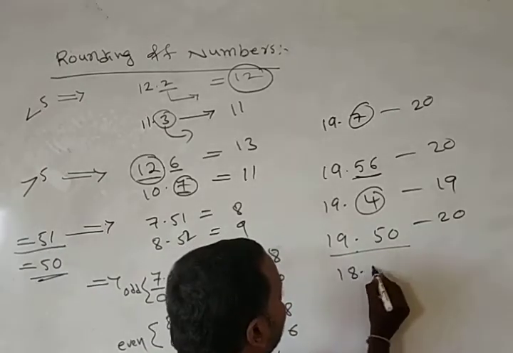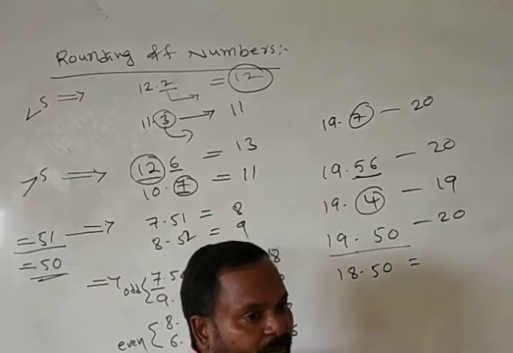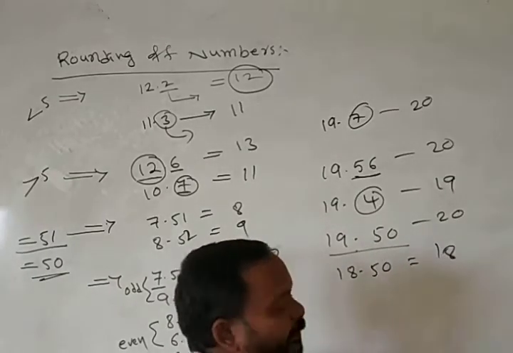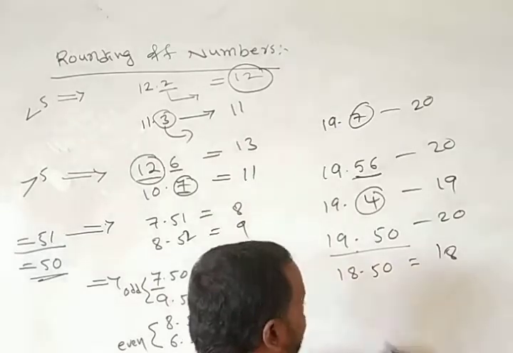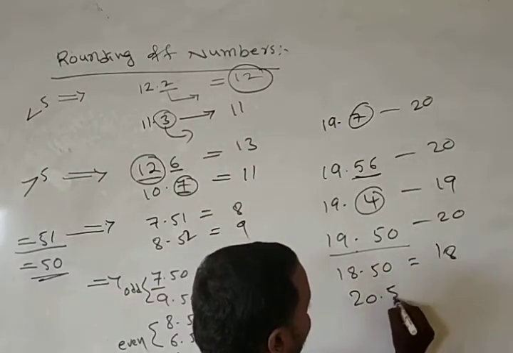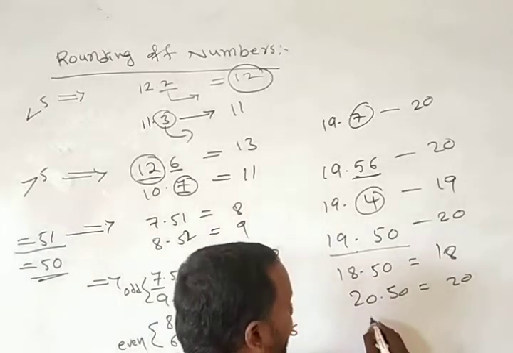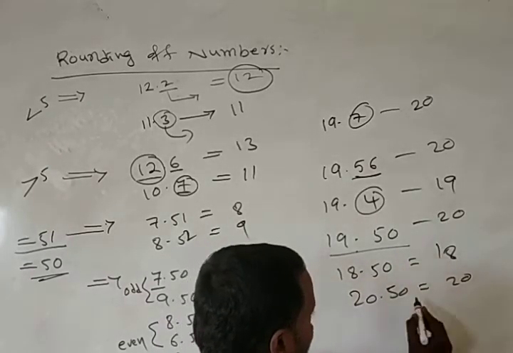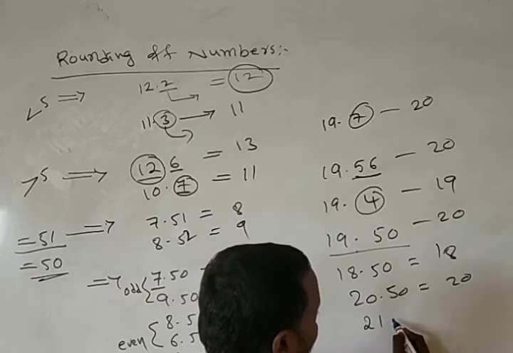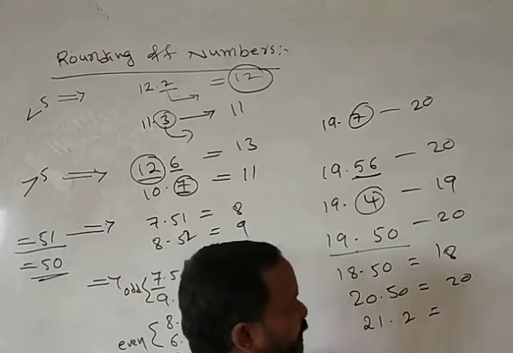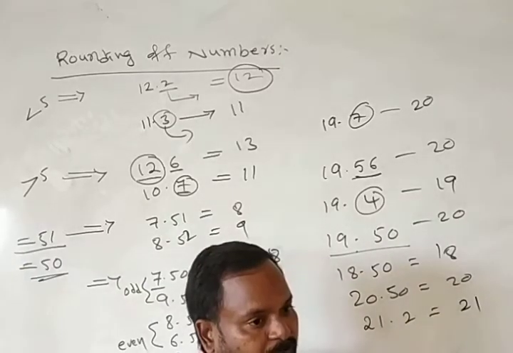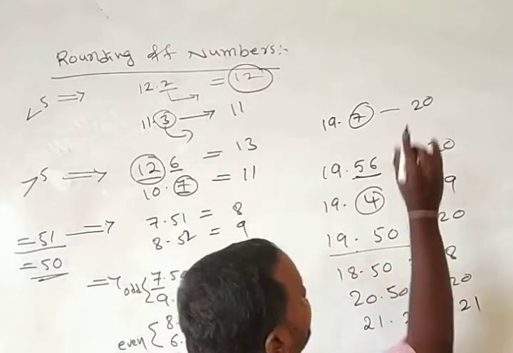What about 18.50? It is 18 only. 20.50 is equal to 20. And 21.2 is equal to 21. You write like this only.